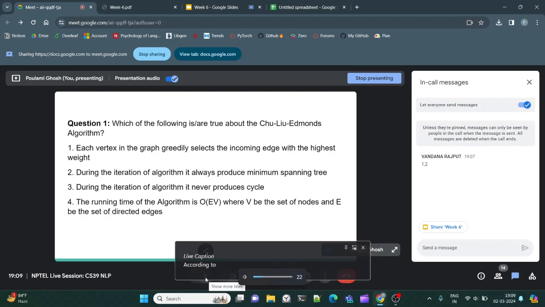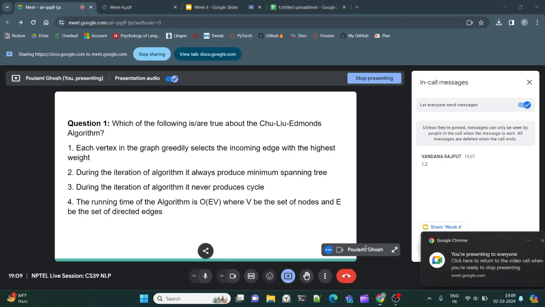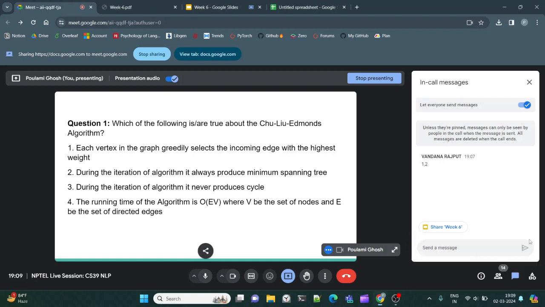According to this question, I think 1 and 2 are correct, because the first statement says each vertex in the graph will be selected by the highest weight, and in the greedy algorithm it will select that. The second one is also correct, I think, during the iteration there is always a minimum spanning tree.